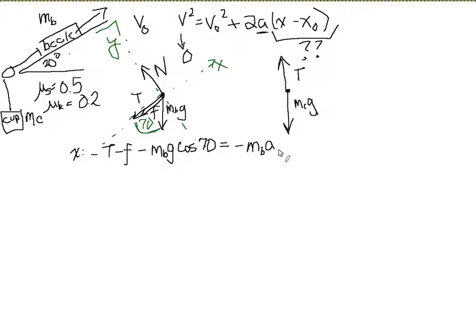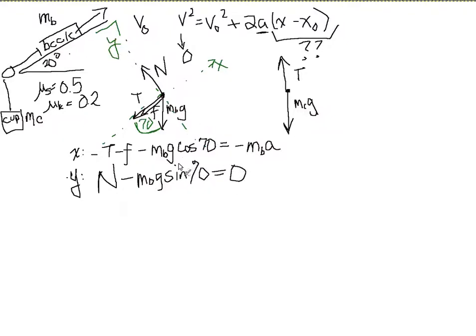Then for the y equation, the normal force is flat on the y-axis and going up, so that's positive. Then we have the y component of the mg vector, going downward, so that's minus m sub b g sine 70. It's sine because that's the y-axis. That has to equal 0 because it's not moving at all in the y direction.